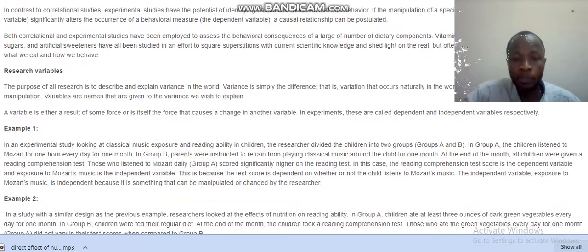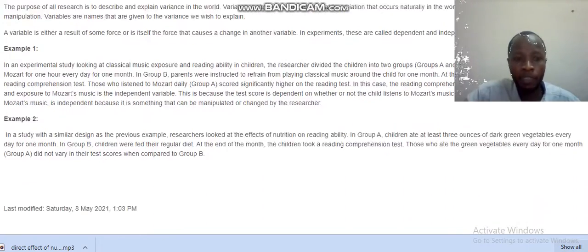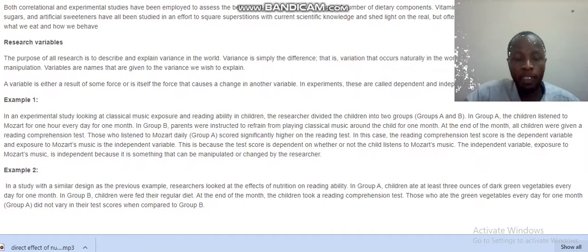I believe I will explain more about those two variables. I can take you through an example. I have two examples. In example 1, an experimental study looked at classical music exposure and reading ability in children.